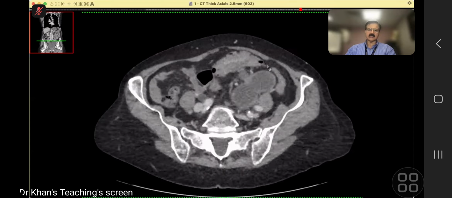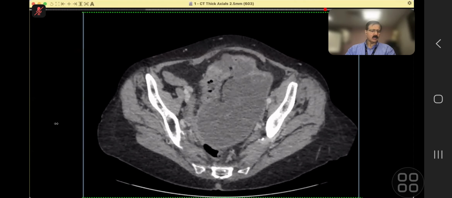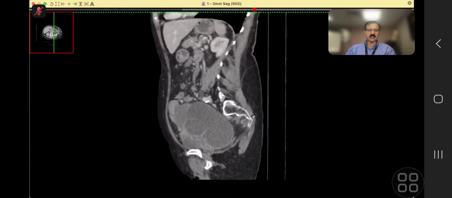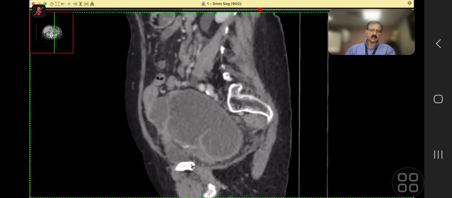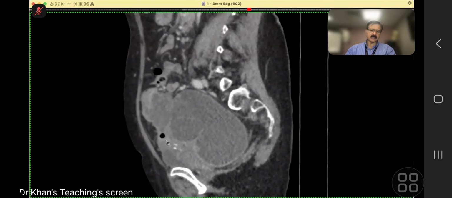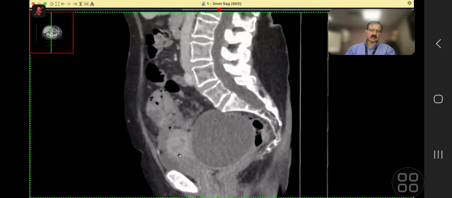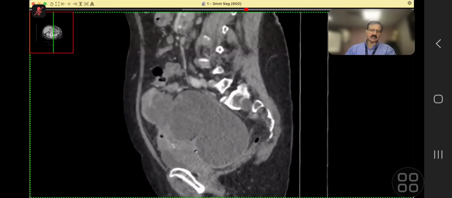And the rest of the sigmoid superior to that remains normal. On a CT scan, of course, more than this is very difficult. But look at the surrounding structures. Now, this is the bladder, correction, and there is a bubble of air here, and there is a bubble here. This is the uterus, and something is happening on this side, not very well visible.